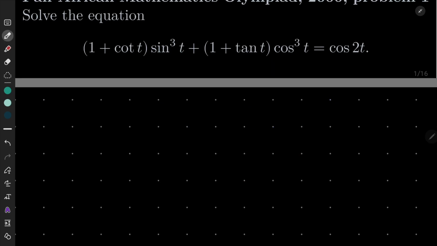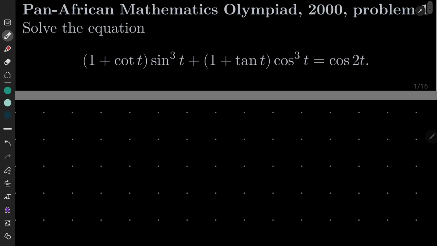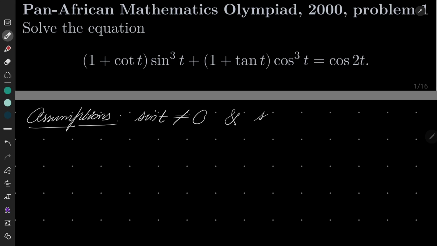Okay, so I hope that you've managed to solve this equation. Let's start with our assumptions. Cotangent is cosine over sine, so sine of t must be non-zero, and tangent is sine over cosine, so cosine must also be non-zero.